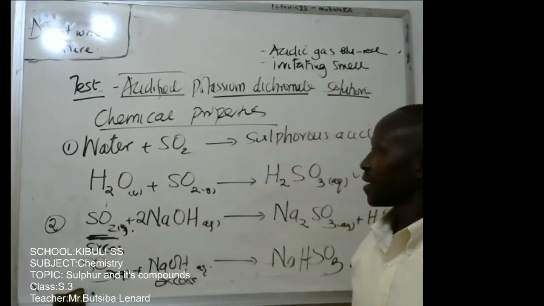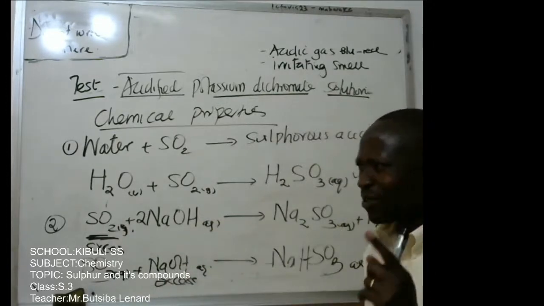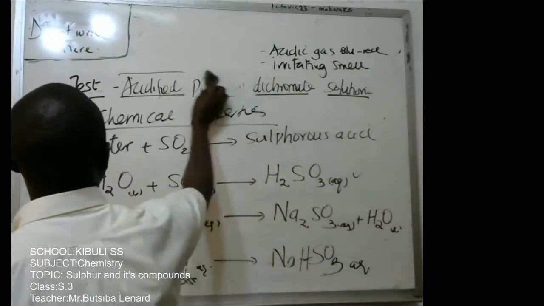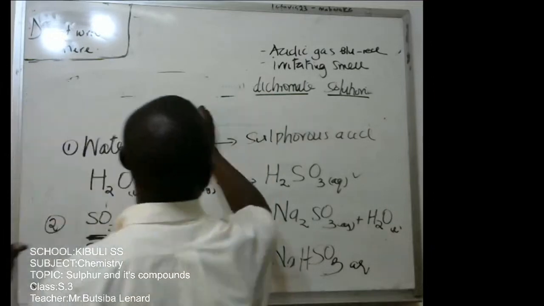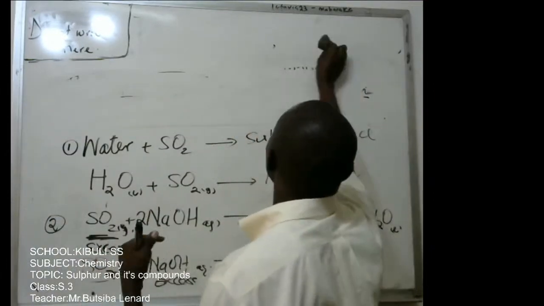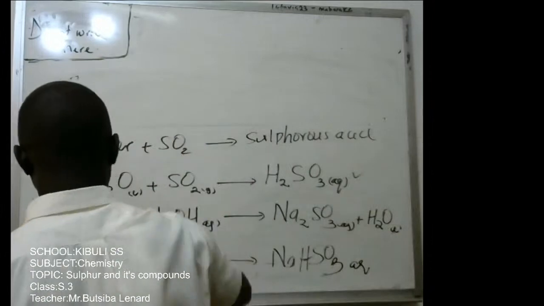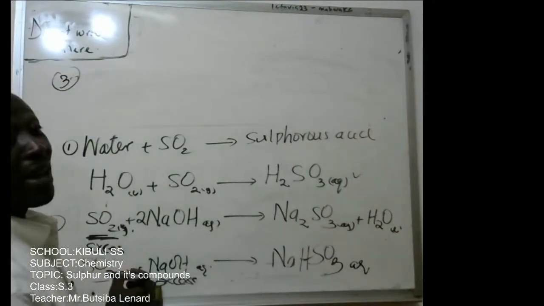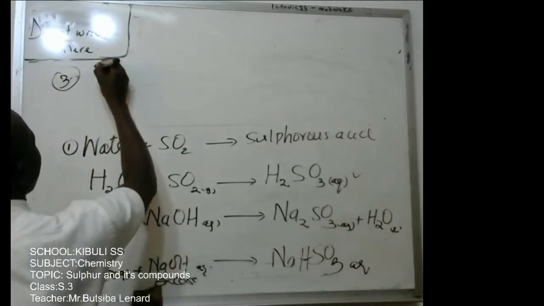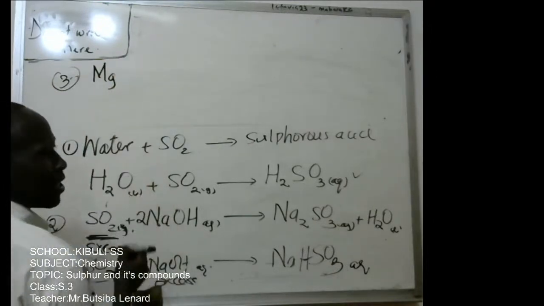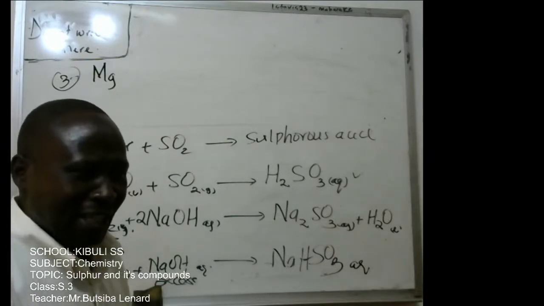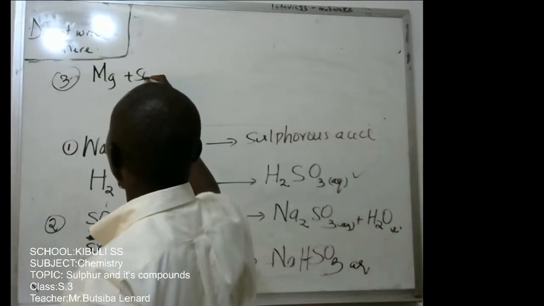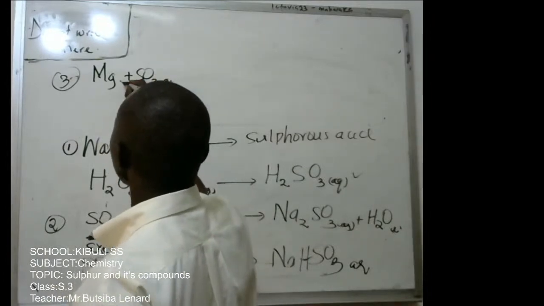Are we there? I can't miss out this reaction. I begin with obvious things. Another obvious thing, before we continue, which you have been asked right from senior 1. The reaction with burning what? Magnesium. So what were you told about burning magnesium? Burning magnesium continues to burn in sulfur dioxide gas.